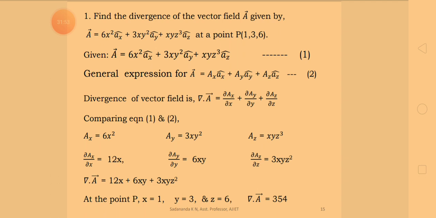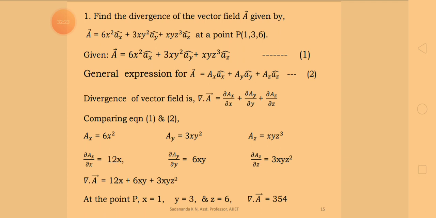Now the general form of the vector A is Ax into Ax cap plus Ay into Ay cap plus Az into Az cap. So Ax, Ay, Az are the x, y, z components, and Ax cap, Ay cap and Az cap are the unit vectors of the components.